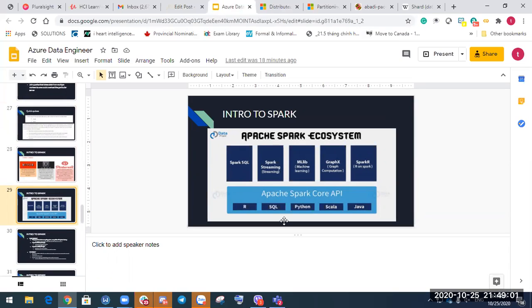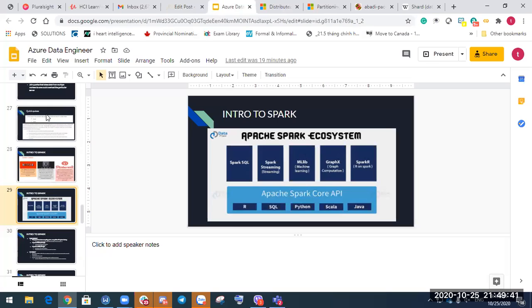From the Spark core API, you can use other features of Spark, like Spark SQL, Spark Streaming, MLlib, GraphX, and SparkR. For Spark, if the questions test it, it would be more on Python. I don't think they will test you on R or Scala, and I don't think they will go over syntax. So let's just remember the architecture for now.